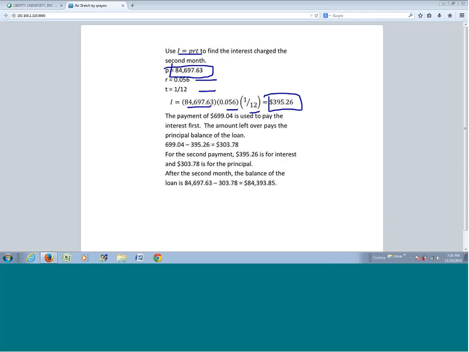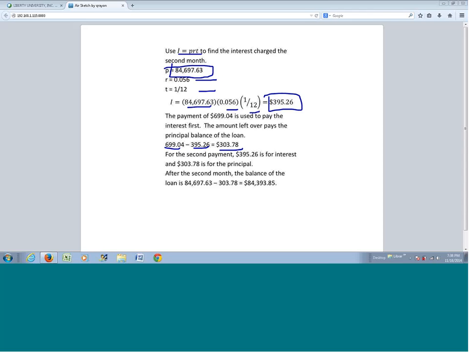$395.26. So when you make your second month payment of $699.04, the $395.26 goes to the bank. They get their money first. So we're going to subtract to see how much is left over. $303.78 is left over to go toward your balance. So the $395.26 is for interest. The $303.78 is for principal.